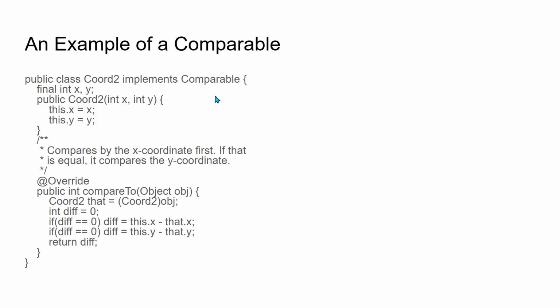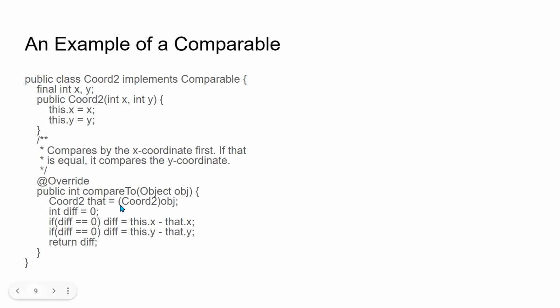So here is an example of a comparable, right? Where I have a class coord2 that implements it. And I didn't use the angle brackets here, but I could have. Because I didn't, I have object here. And so I'm going to do a compareTo object, and I'm going to say coord2 that equals a cast of the object to coord2.